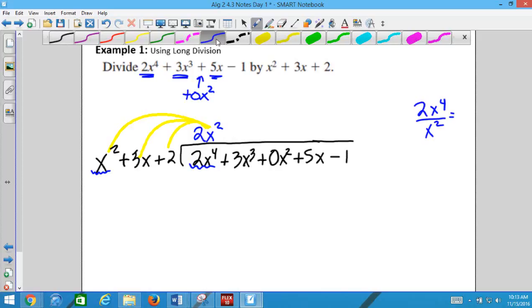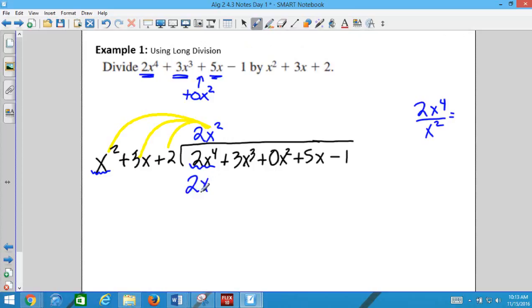So I'm going to have 2x squared, and I'll just start with my furthest one out, times x squared. 2x squared times x squared, 2x to the 4th. Then we're going to take our next term, 2x squared, and we're going to multiply it by 3x. So we get 6x to the 3rd.